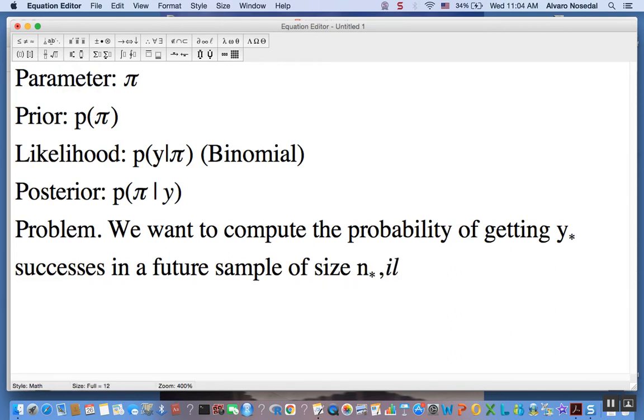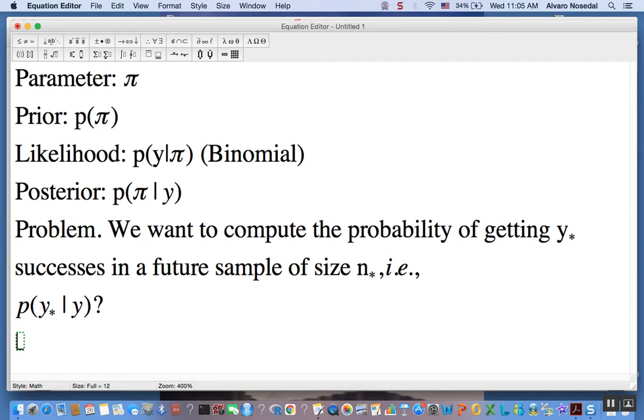Let me use notation to summarize the problem. We want the following conditional probability: the probability of observing y star successes given that we have already observed another sample, y.